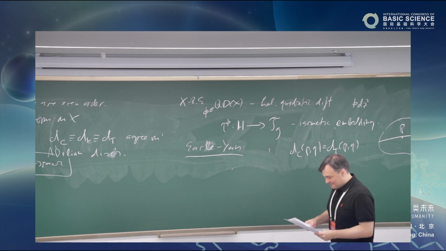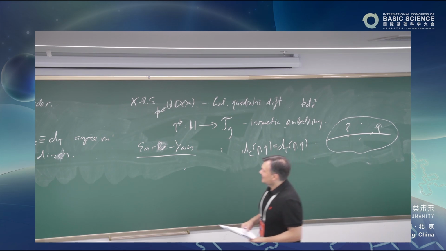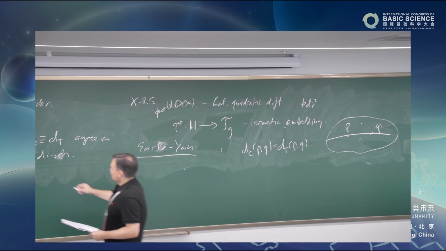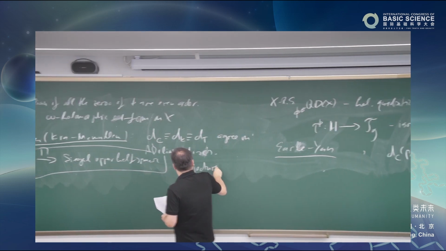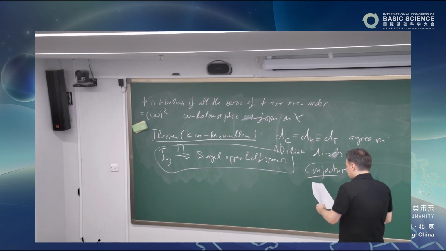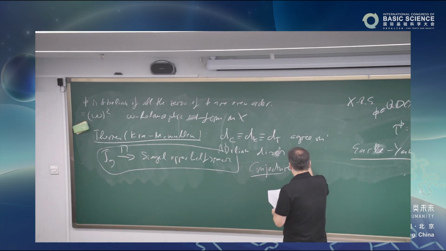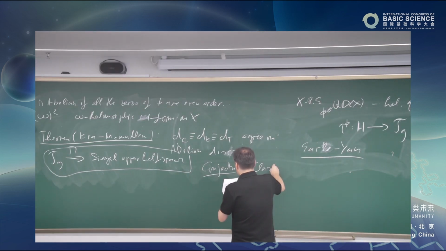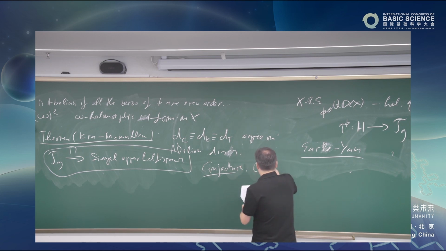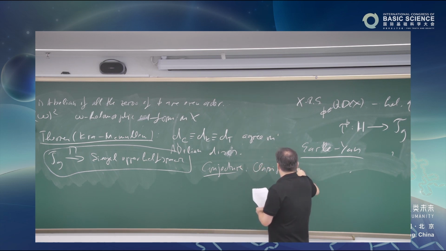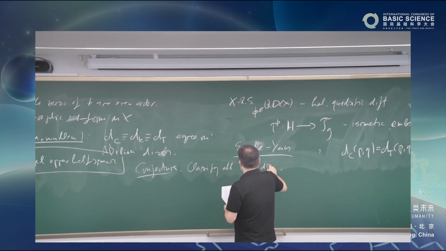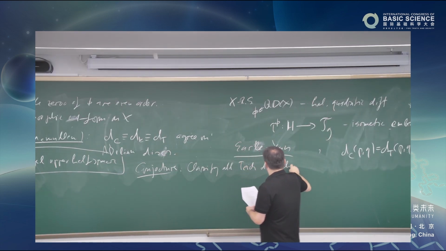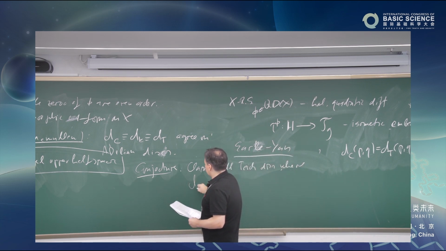So believe me. Let me just formulate in some sense what the conjecture is. Classify all Teichmuller disks where the metric agrees.